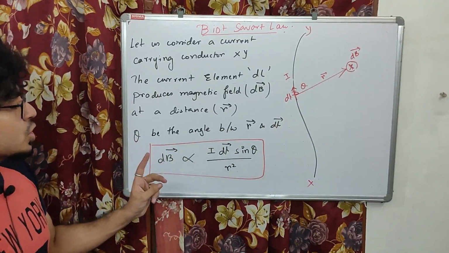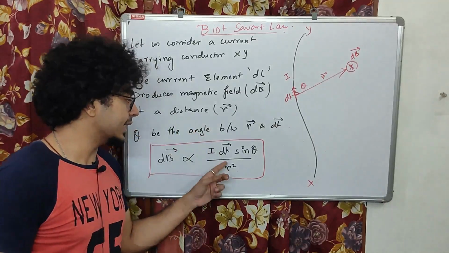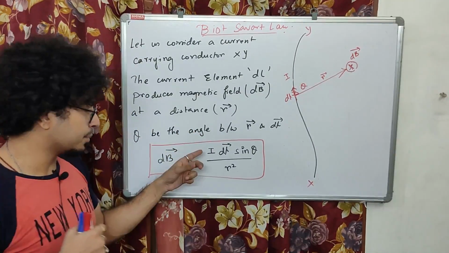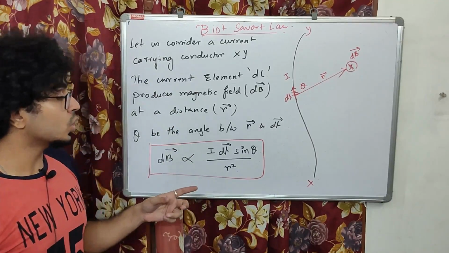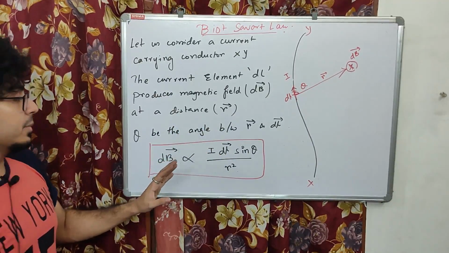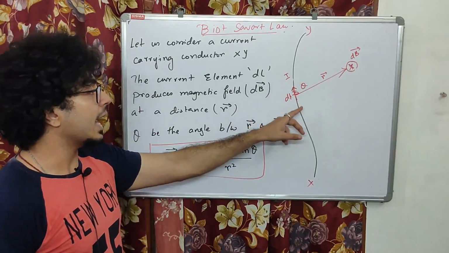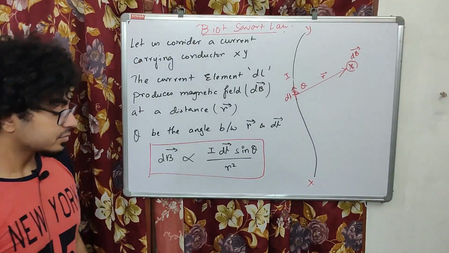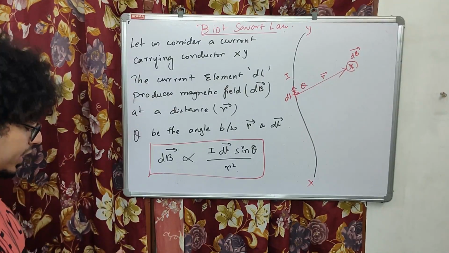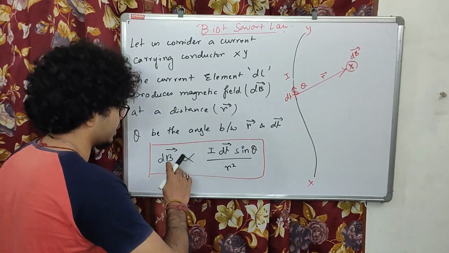It is proportional to the current element dl, the amount of current moving through the wire, and the sine of the angle between the current element dl and the position vector r.